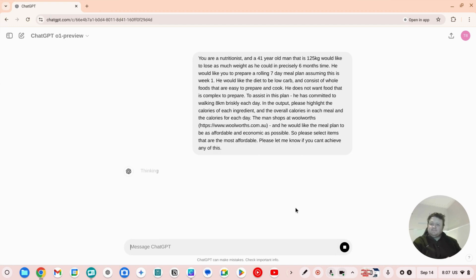Thinking, building the meal plan, gathering the information, formulating the recommendations, crafting the plan, crafting the meal plan. Evaluating the calorie needs, enhancing the plan.